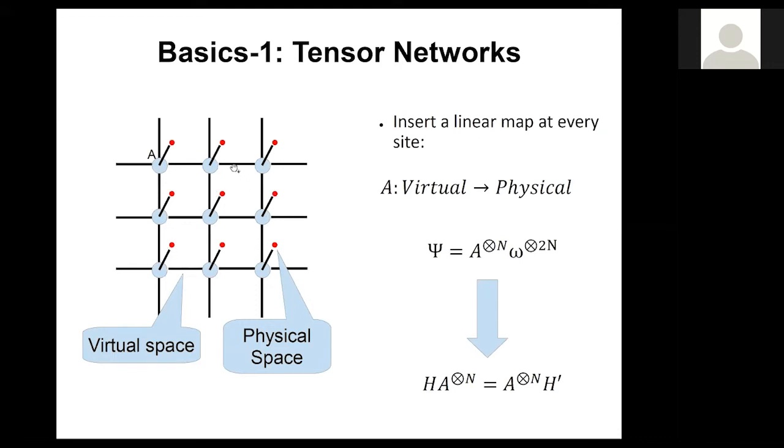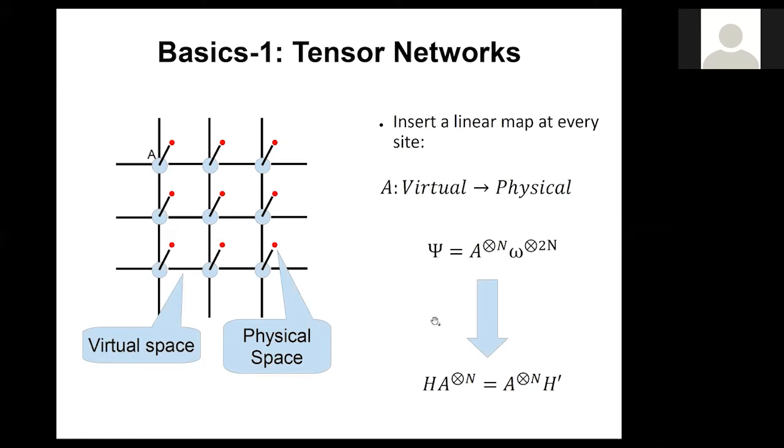This is why I call these contracted legs virtual degrees of freedom, and this a physical degree of freedom. In principle, this gives a many-body state of n spins. And in some particular cases, when this A satisfies some conditions, we can show that there is a Hamiltonian H such that psi is the unique ground state.